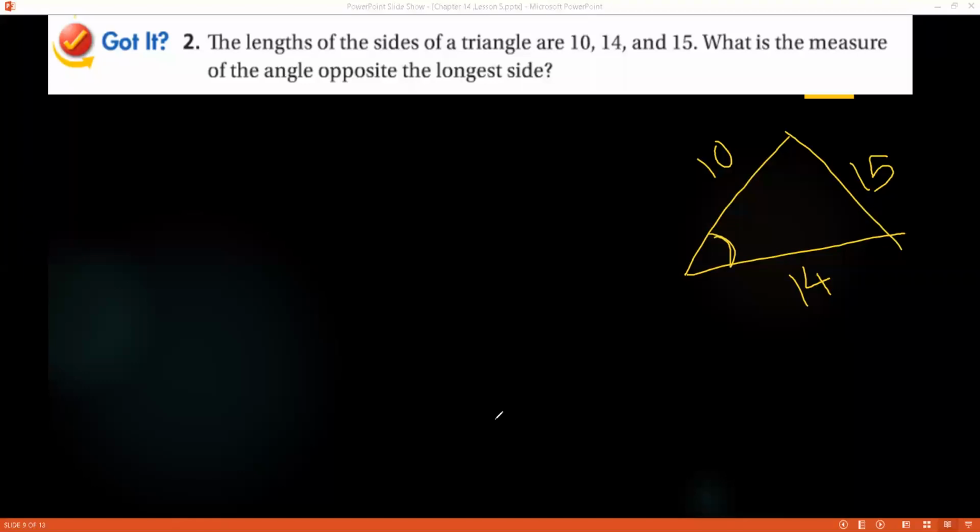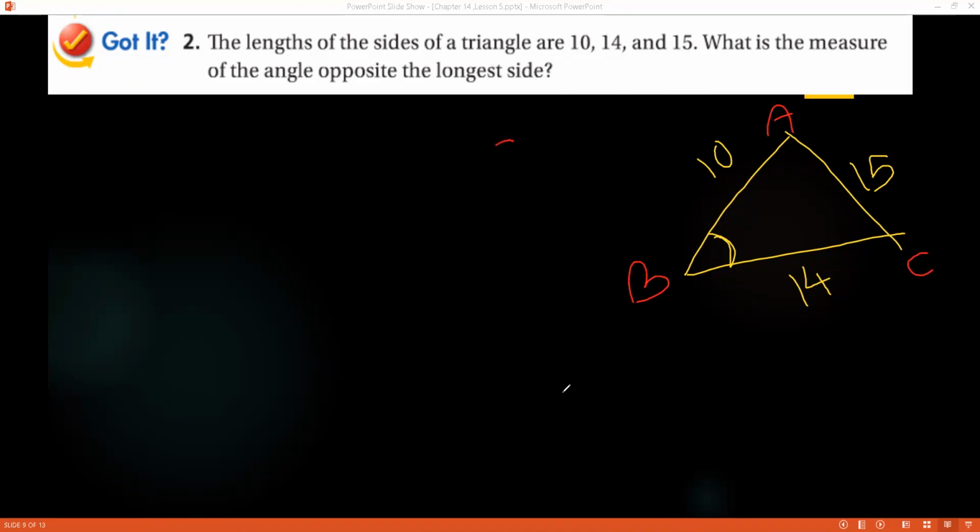Let's name them X, Y, and Z. Now I want to find the measure of angle X. So let's name them A, B, and C in order to have the same formulas. Now, I want to find angle B.